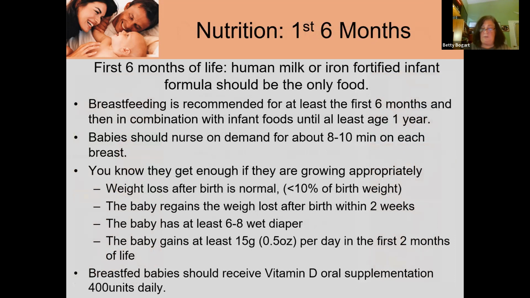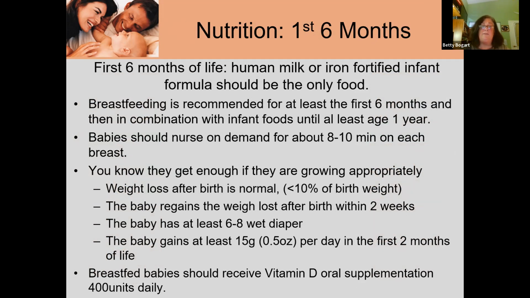Nutrition, nutrition, nutrition. I think you've already heard this at least 10 times out of me, but you'll hear it at least about 100 times more. But the first 6 months of life, all they get is mom's breast milk or iron fortified formula because their GI system doesn't tolerate anything else. And we don't want to stress it. They do recommend a minimum 6 months of breastfeeding, but they really like it for up to a year.